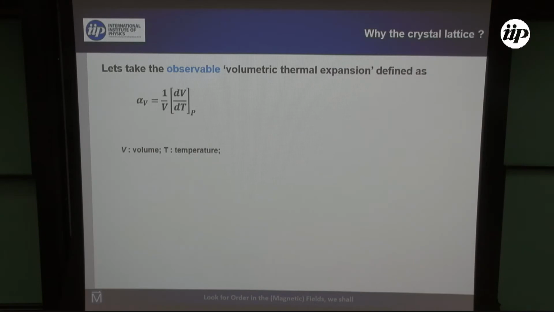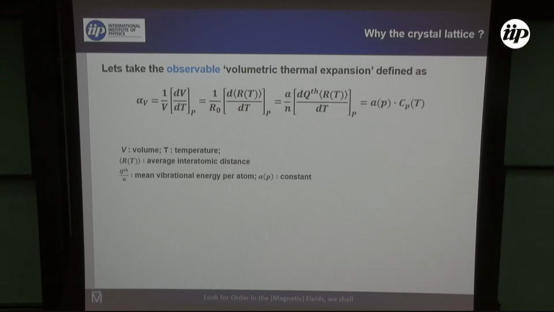So I am interested in the lattice. And the lattice can be studied with something called the coefficient of thermal expansion. It's the derivative of the volume with respect to the temperature. This can be written as the derivative of the average interatomic distance with respect to the temperature. And this, in turn, can be calculated from the mean vibrational energy per atom.